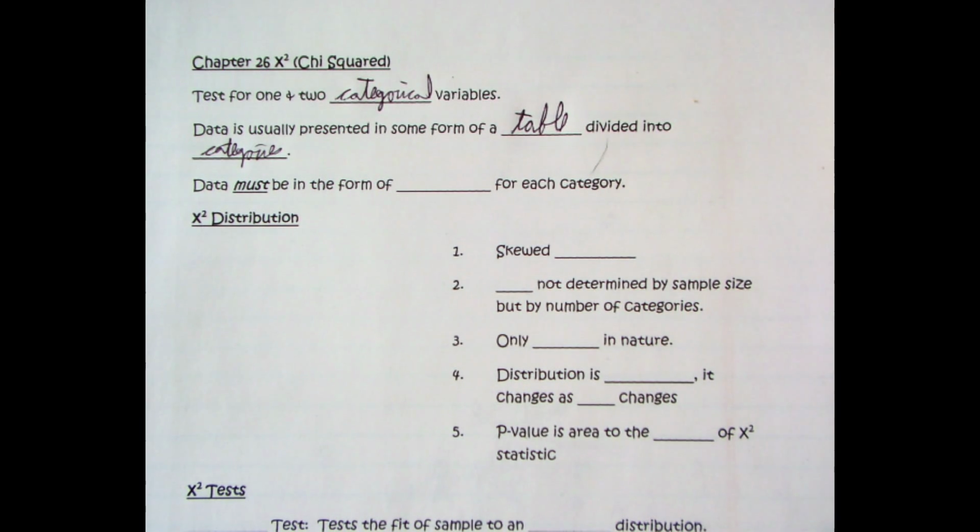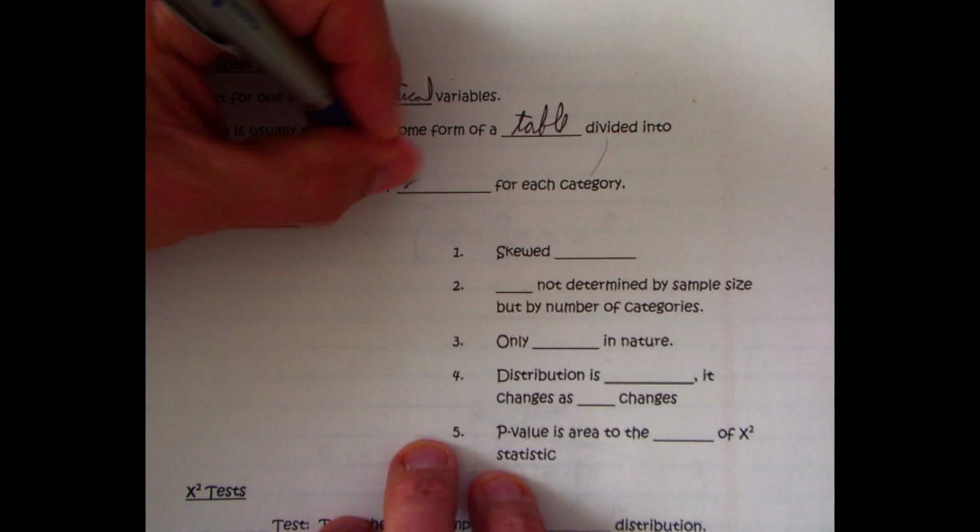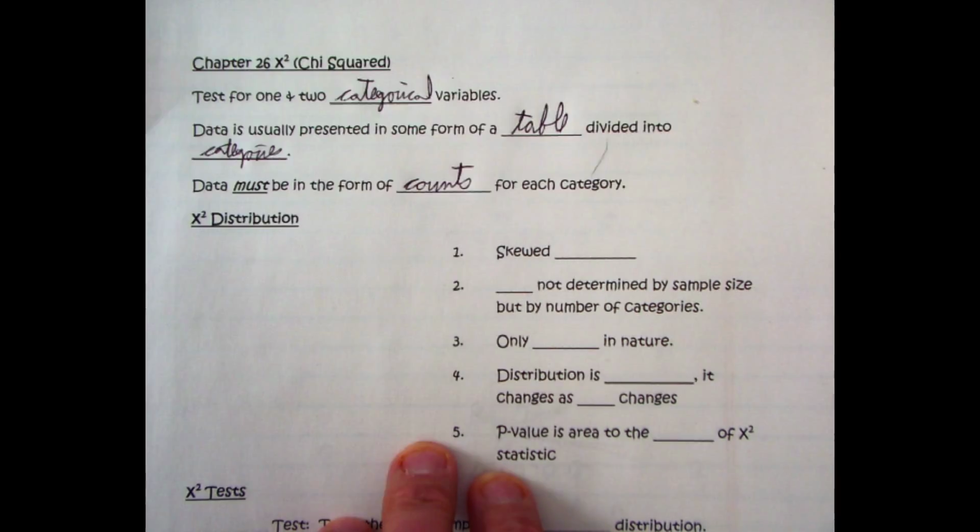When you have data that's in tabular form, and they ask you to prove something using inference, then you know it's a chi-square test. And it's categorical data. I mean, you can get data in a table form that's not categorical data, and then you're not dealing with chi-squared. And the data must be in the form of counts for each category.